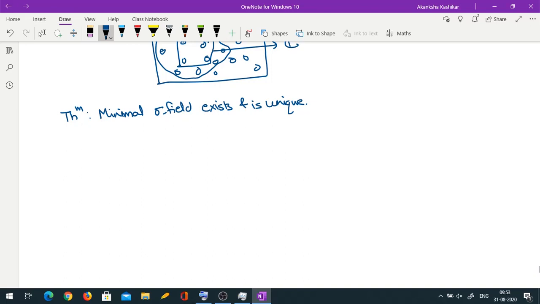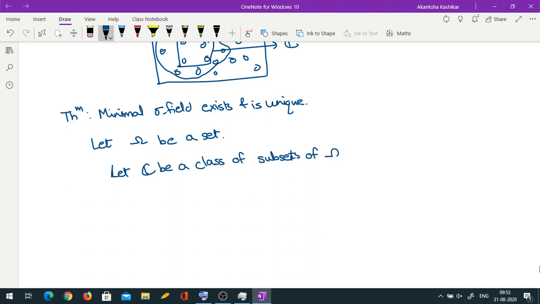Okay. So let omega be the set in question, that is the universal set or sample space. So let C be a class of subsets of omega. Now we have to construct a sigma field containing C, and we have to construct it in such a way that it is the smallest.